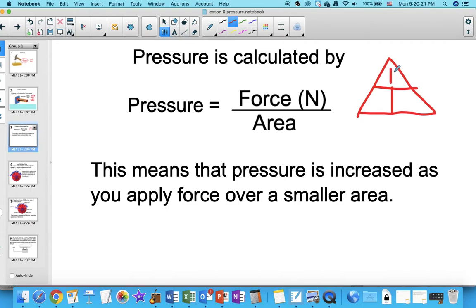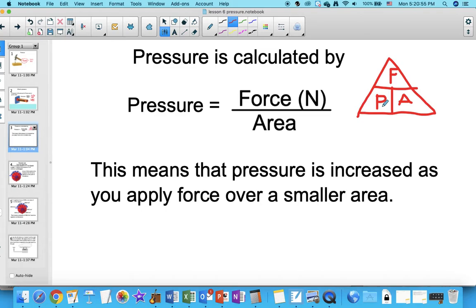So if I have force here, area here, and pressure here, if I wanted to find out what the pressure was, I would cover up the pressure. Force over area would give me the pressure. If I'm looking for force, it would be pressure times area. And if I'm looking for area, it's force over pressure. So all I would need to do to calculate any part of this equation would be to use that triangle.